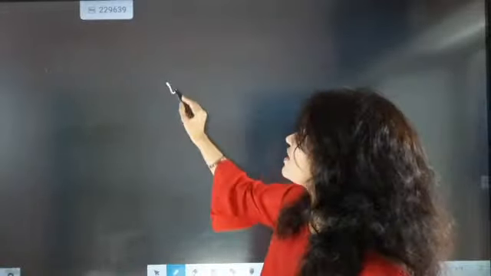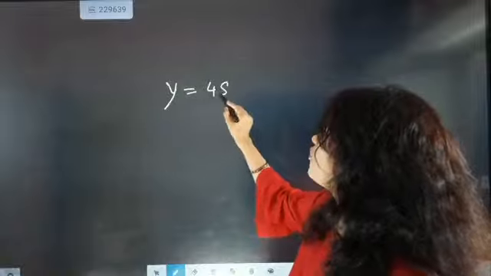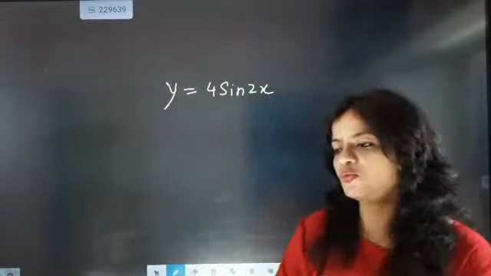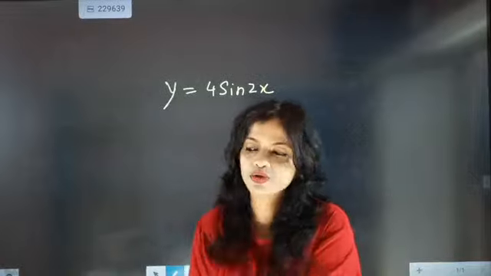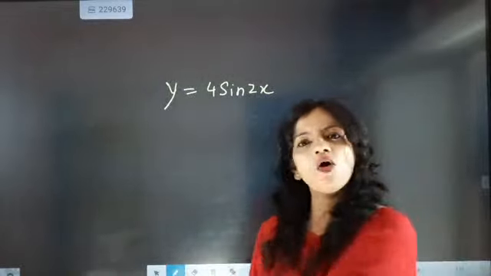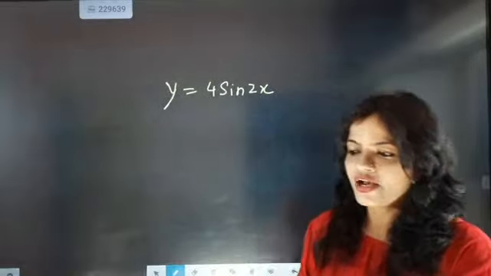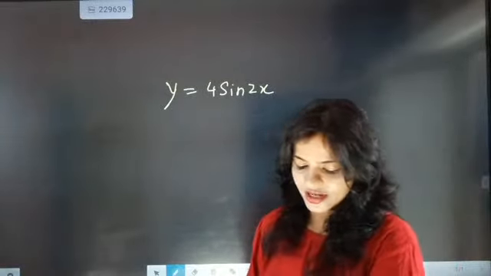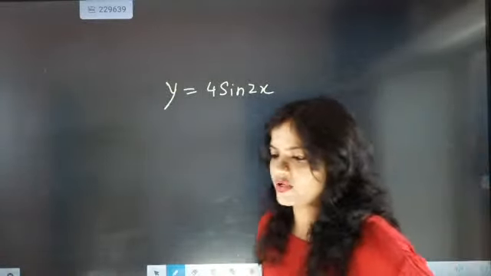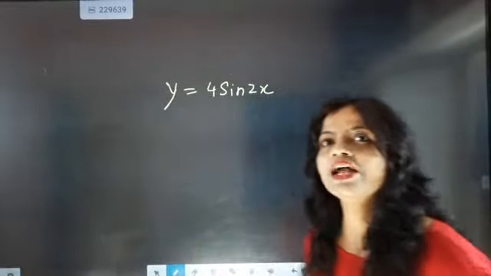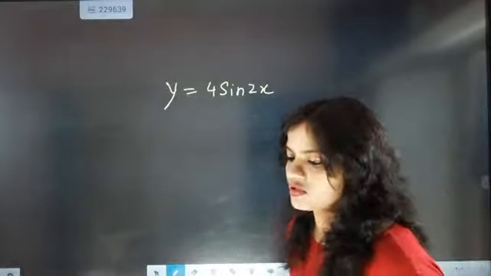Now the third type will be when they write y equal to 4 sine 2x, when they mix both of them and say, now present it and tell me how to go for this one. At that particular moment, how are we going to solve this question?